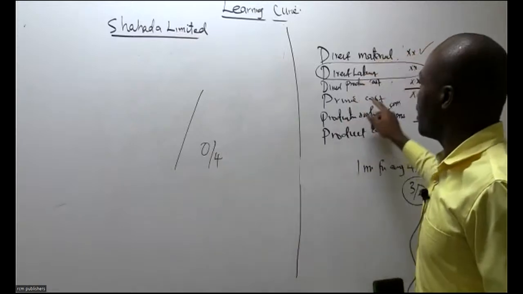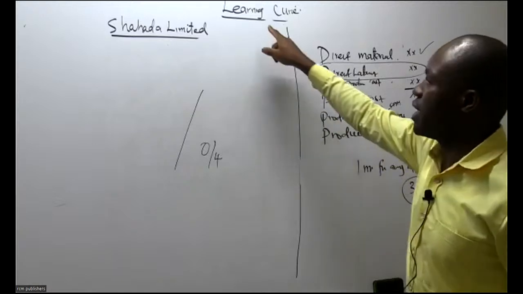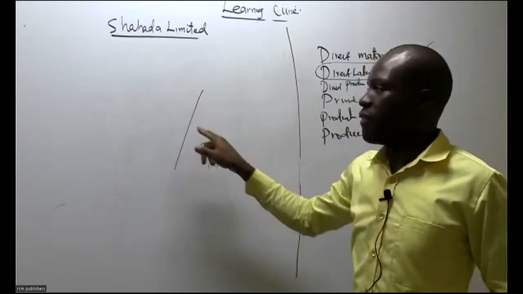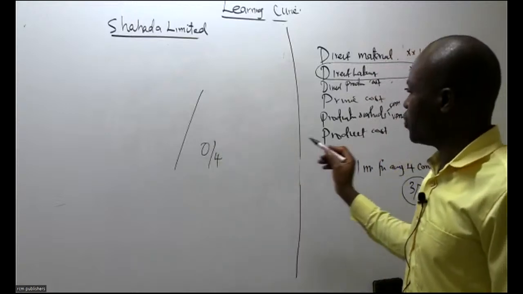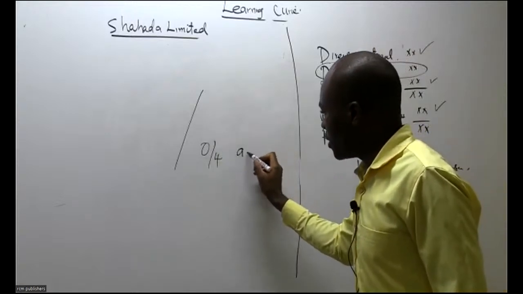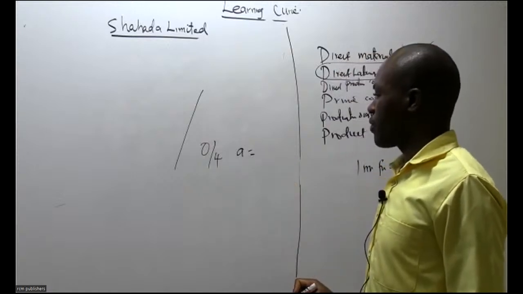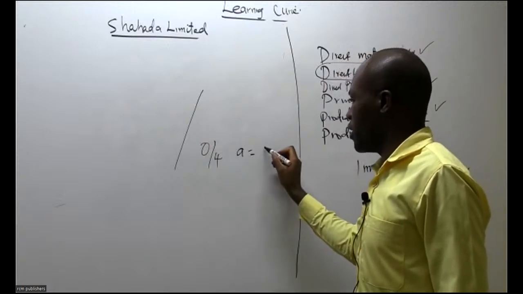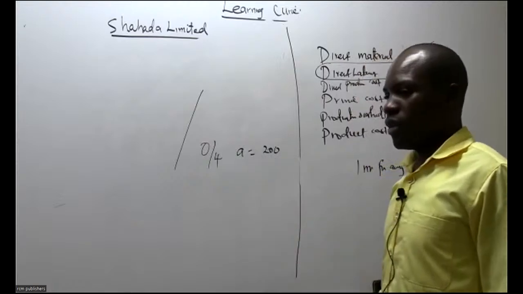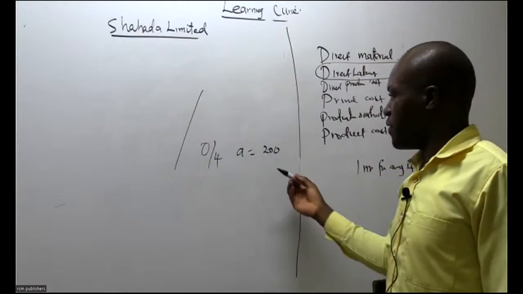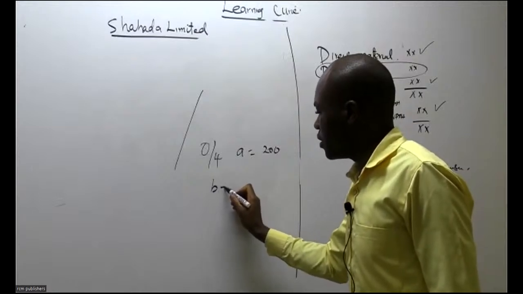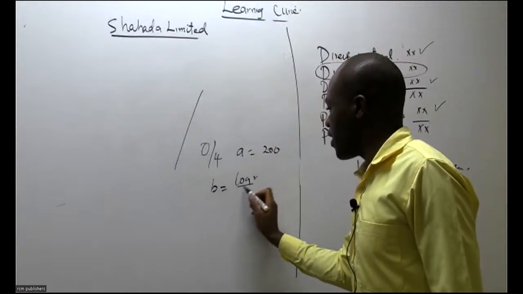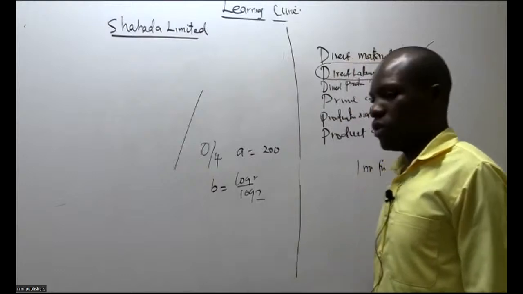If you don't understand anything about this and you know it is about learning curve, can you write the formula, give us even, scare us with the value of A. Tell us that according to this, I know A is equal to maybe 200. Give us now that because I know how to get B equal to log R divided by log 2.